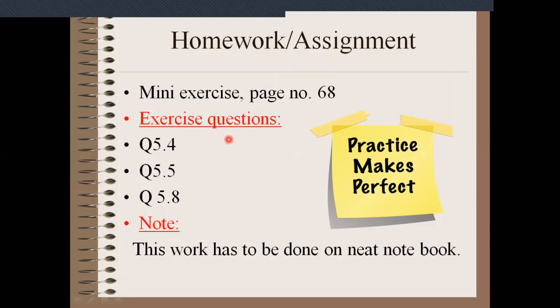Then from the exercise, you have to attempt questions 5.4, 5.5, and 5.8. These questions are about balancing of chemical equations. And students, keep in mind that practice makes perfect. So you have to practice the balancing of these chemical equations, and then you will discuss it with your teacher.